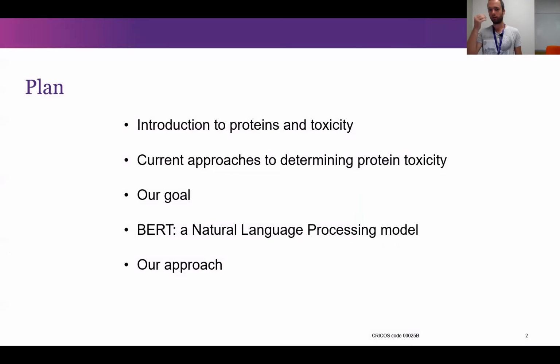So I'll start with a quick introduction to proteins, just to make sure we're on the same page. Then I'll show you current approaches to determining the toxicity. I'll discuss our goal, and I'll introduce a model called BERT, which is a natural language processing model that uses transformers. And I'll show you the design of our model.